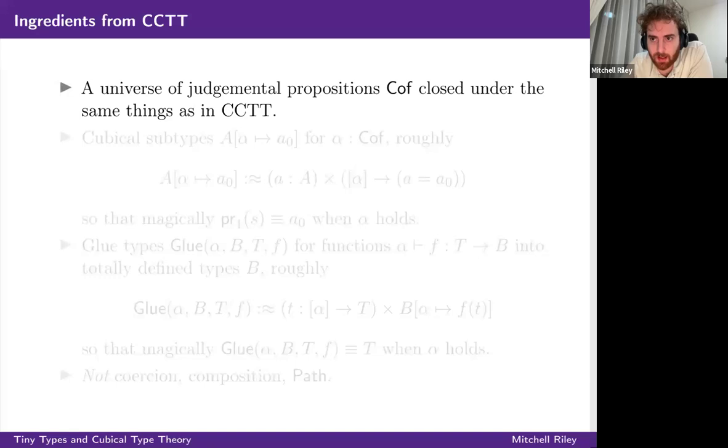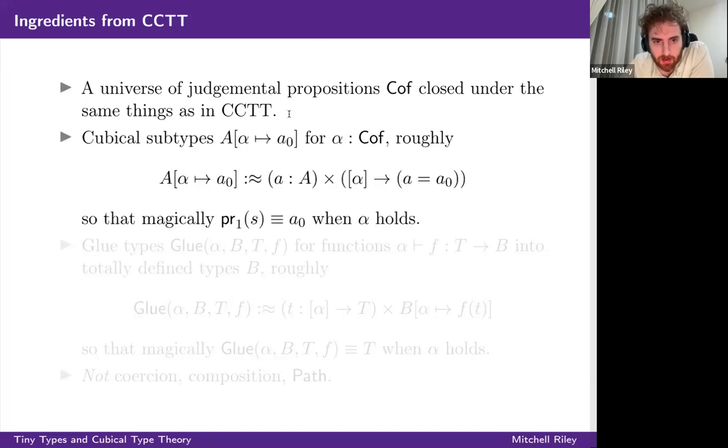First of all, we're going to need a universe of these very special, very strict propositions called cofibrations, which have these extra judgmental properties. We're going to need to add a type former for cubical subtypes for these kinds of cofibrations.